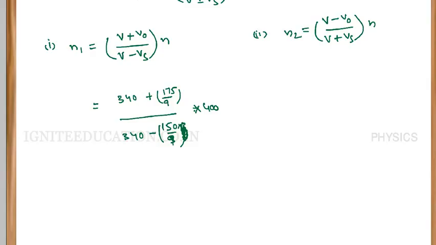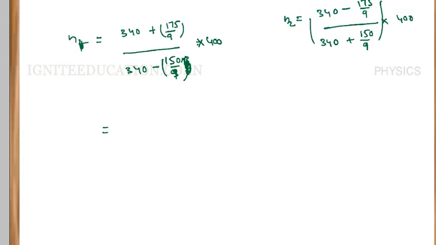And in the n2 case, this is n1, this is n2 case, (340 minus 175 by 9) divided by (340 plus 150 by 9) into 400.